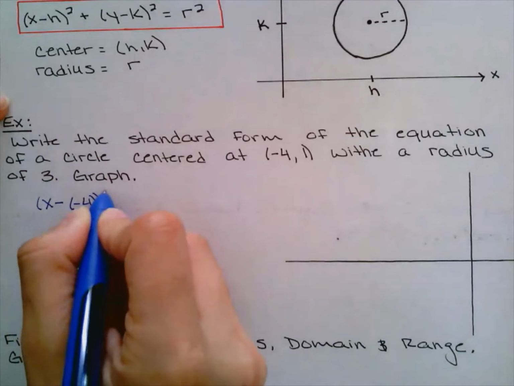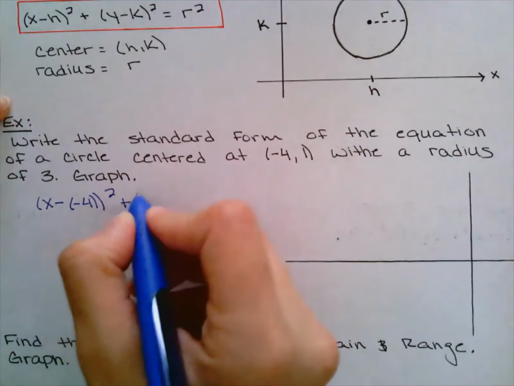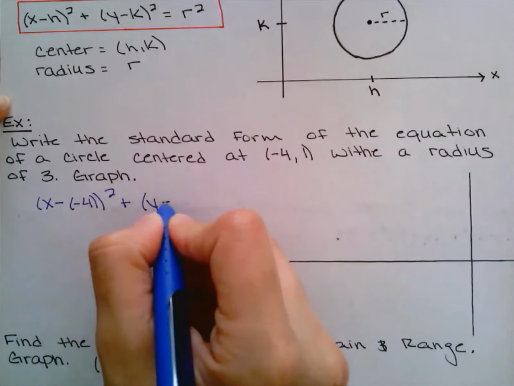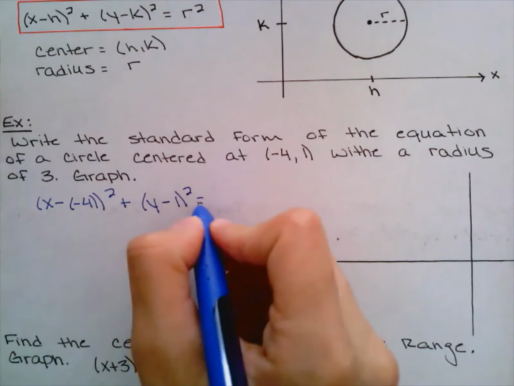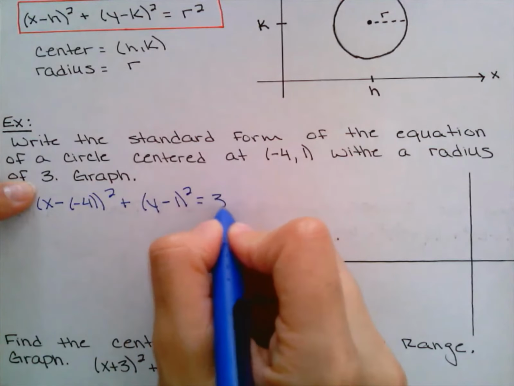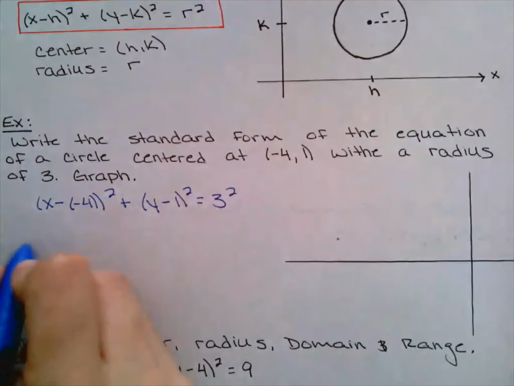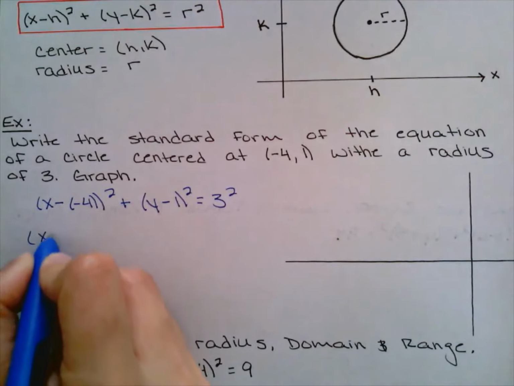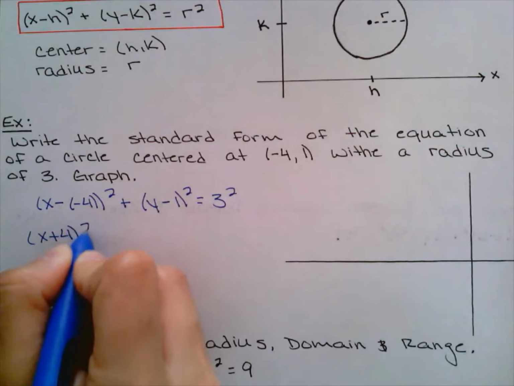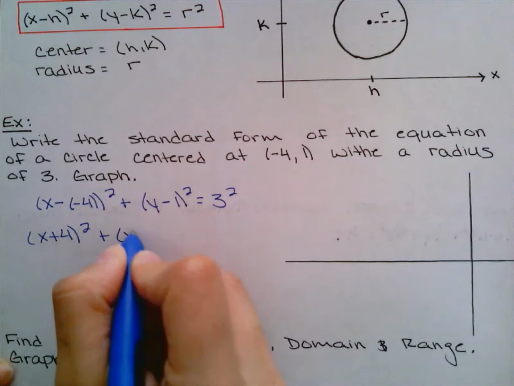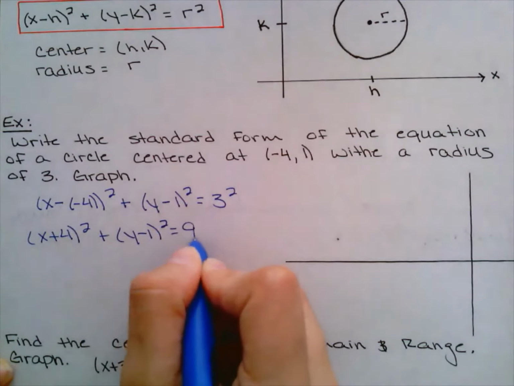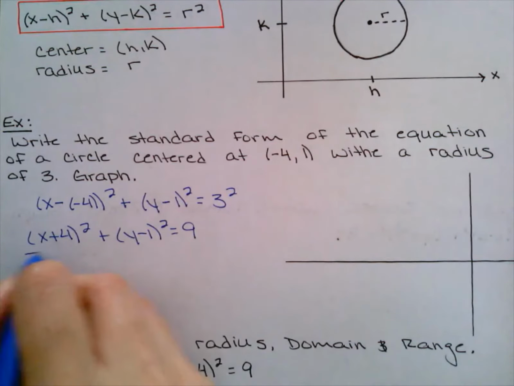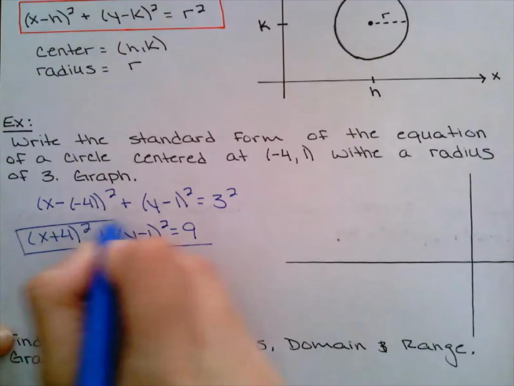Then squared, plus y minus my k, which is 1, squared, equals r, my radius, which is 3, squared. We can clean this up to say (x + 4) squared plus (y - 1) squared equals 9. And I am done. I have my equation in standard form.